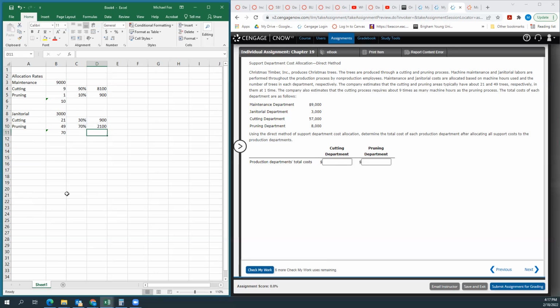All right, so once we know that, it's pretty easy because it gives us our department costs. We have our department costs, our maintenance costs, and our janitorial costs. Our department costs are given to us right here, $57,000 for the cutting department.